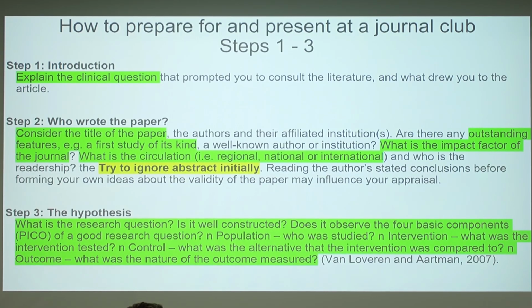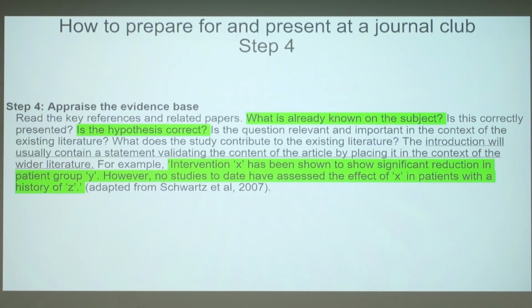How does that change the findings of the article, if it does or if it doesn't? What did they use to measure the outcome, like the intervention used? Those are all the different PICO elements that you have to include in a good scientific question for conducting research.